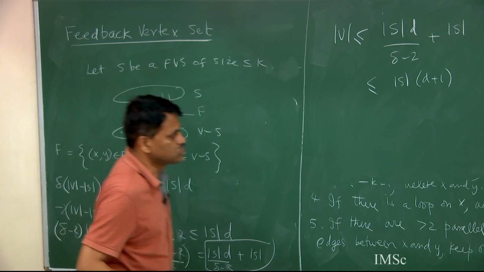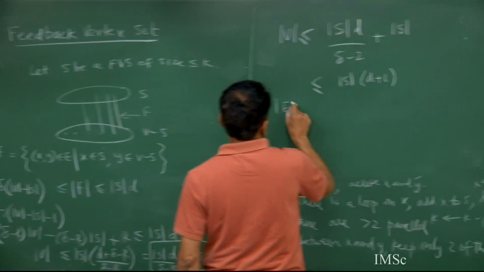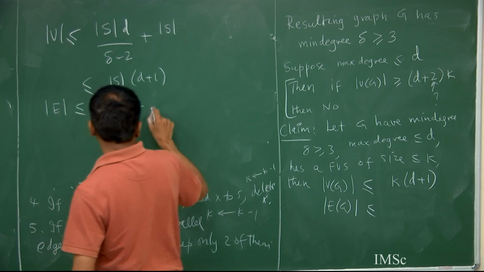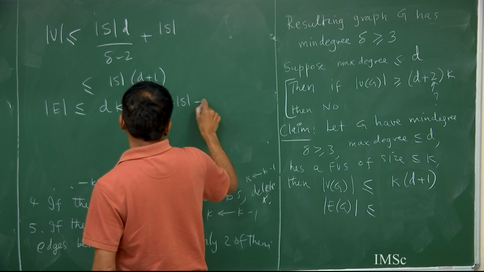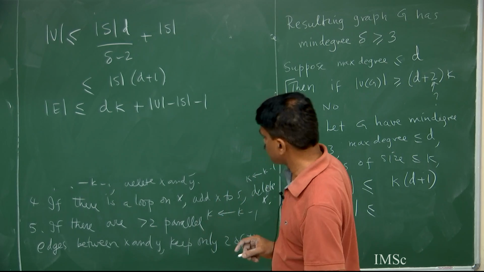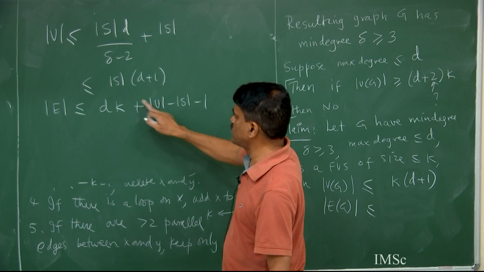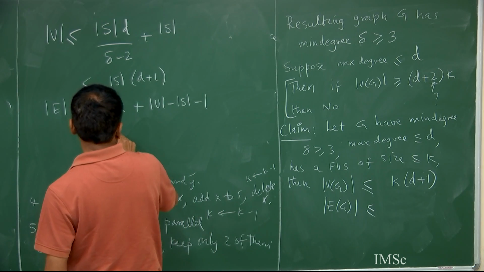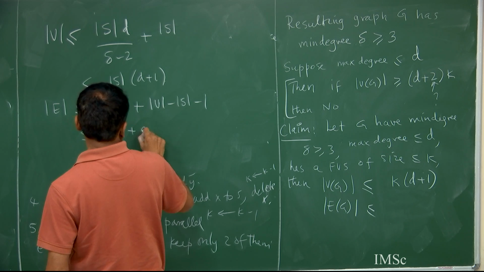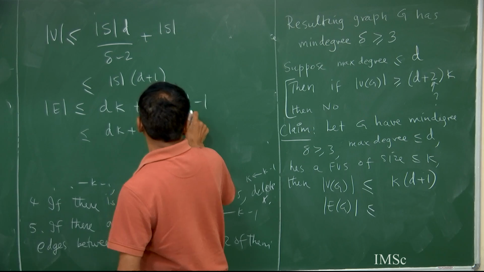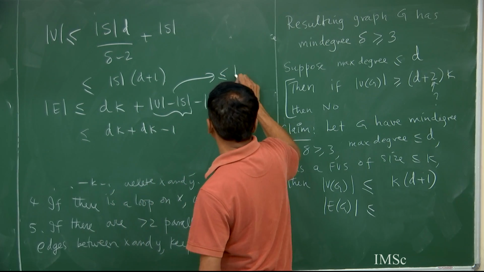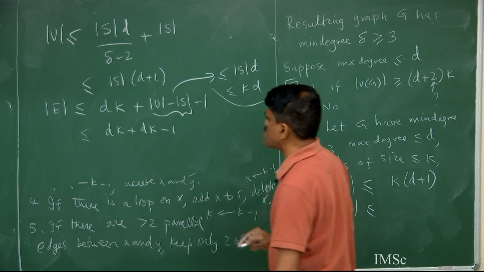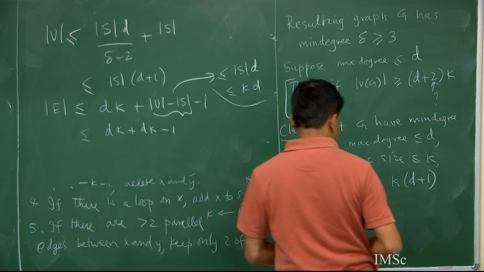So number of vertices minus one. So the number of edges would be d times k plus, and since V is bounded by S, d plus 1 times S, so it's d times S. So it's at most dk plus dk minus 1, so 2 dk minus 1.